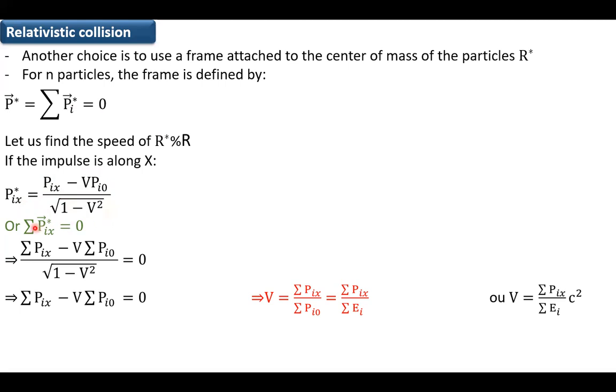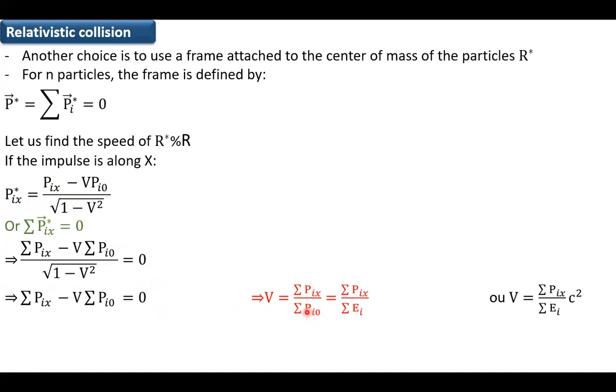And you know by definition that the sum of P star is always 0. So this sum here is 0. So the sum of Pix minus v times the sum of Pi 0, over the radical of 1 minus v squared, is equal to 0. So your numerator is equal to 0, and we have here v. So v is the sum of Pix over the sum of Pi 0.